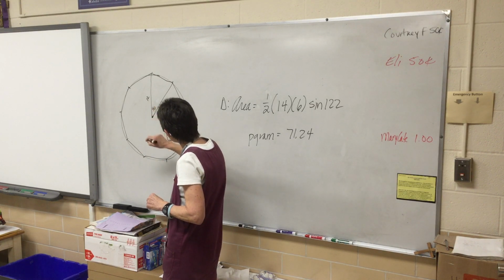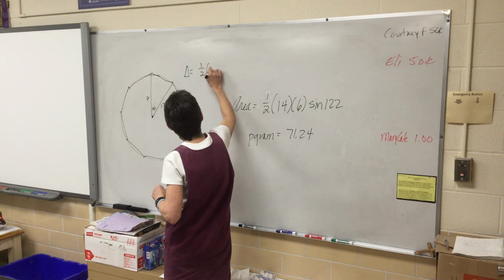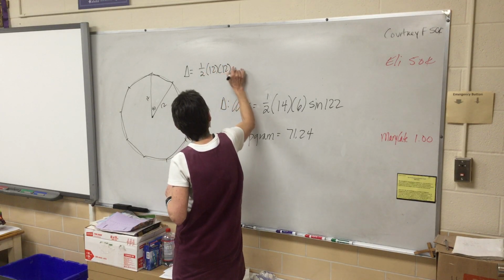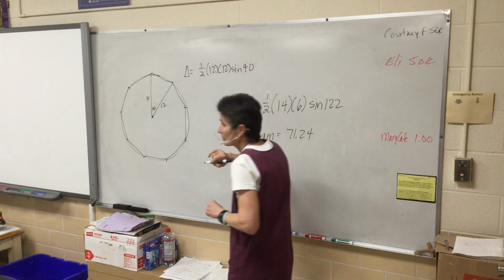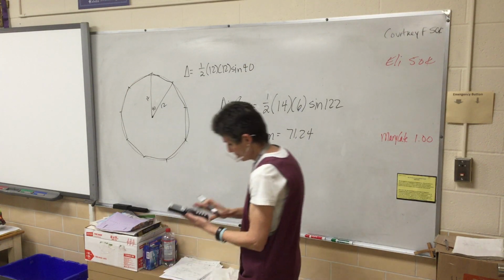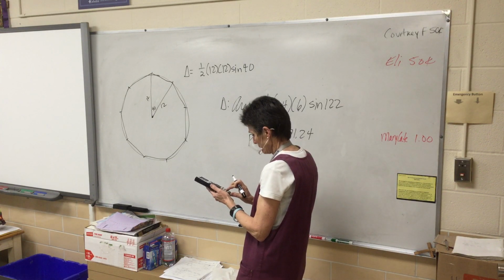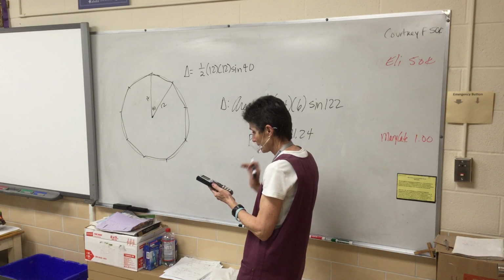So the area of the triangle is 1/2 times 12 times 12 times sine 40. But there's 9 of the triangles. So I have to multiply that by 9.